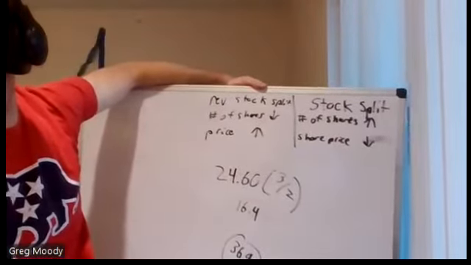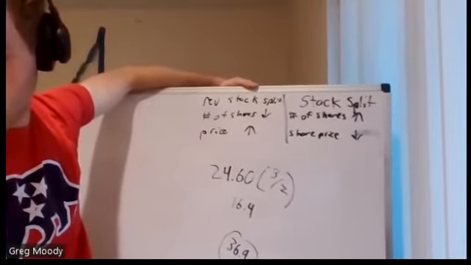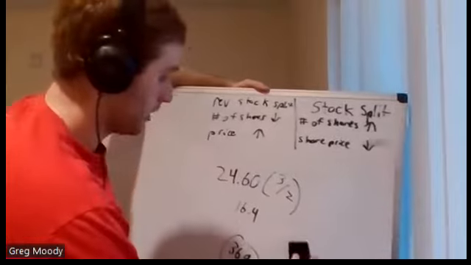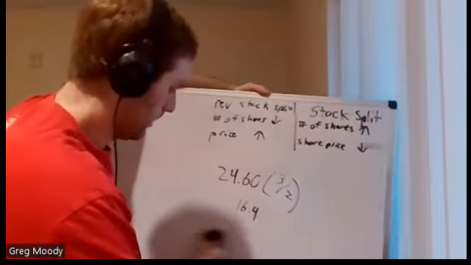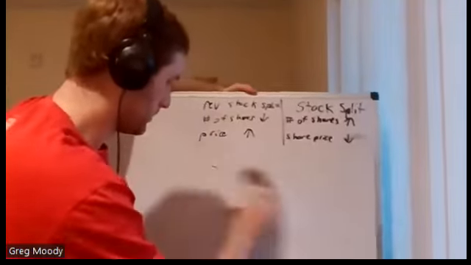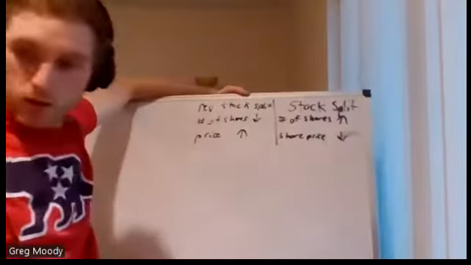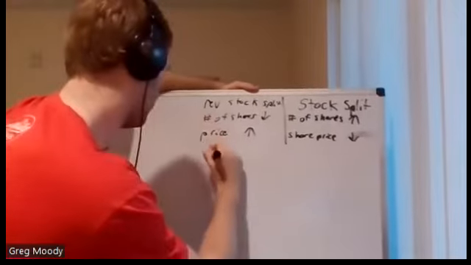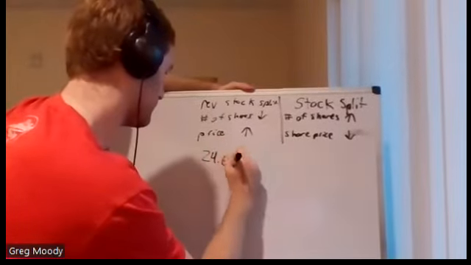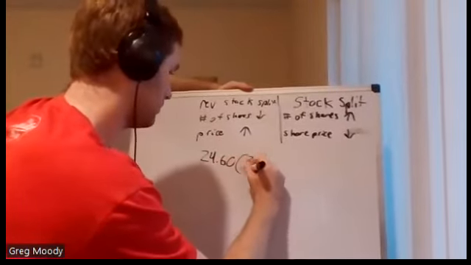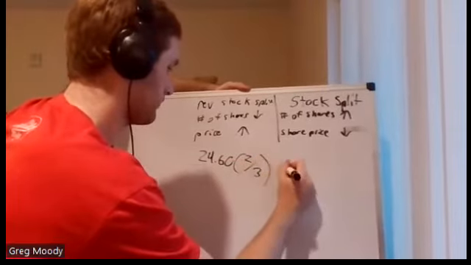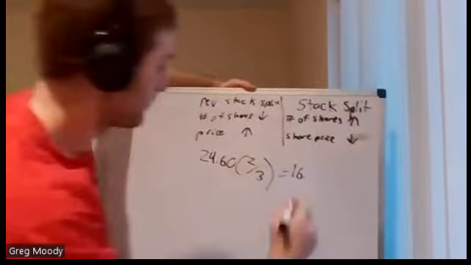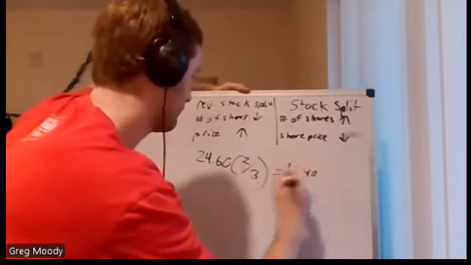And we can also find the number of shares we're going to have. Just to prove a point, I'm going to do that. We're going to go back to the original: 24.6 times 2 over 3. That gives us 16.40.